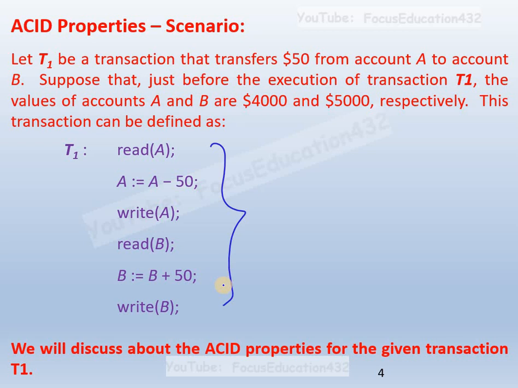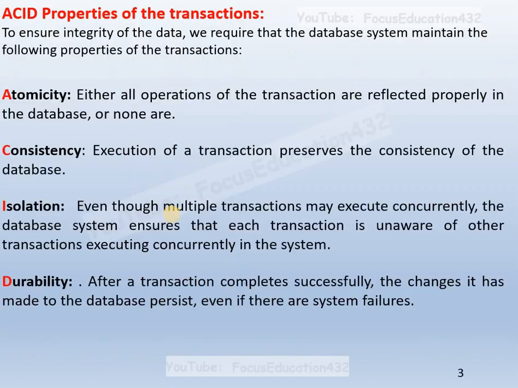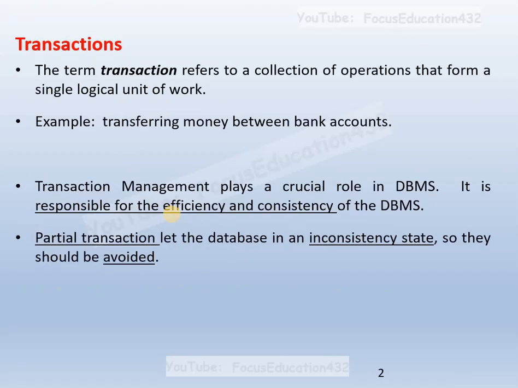So we can say in simple terms, a transaction is a logical unit of work in a database system. Example you can write: transferring money. It is very important in case of a DBMS. It plays a very crucial role so that the DBMS is always efficient and consistent.